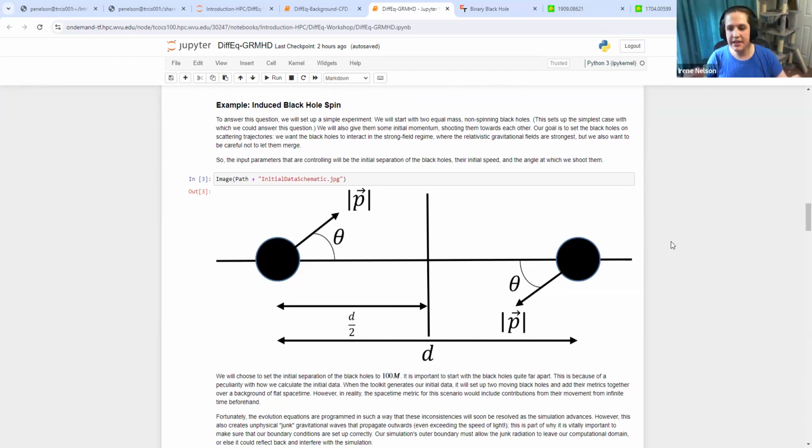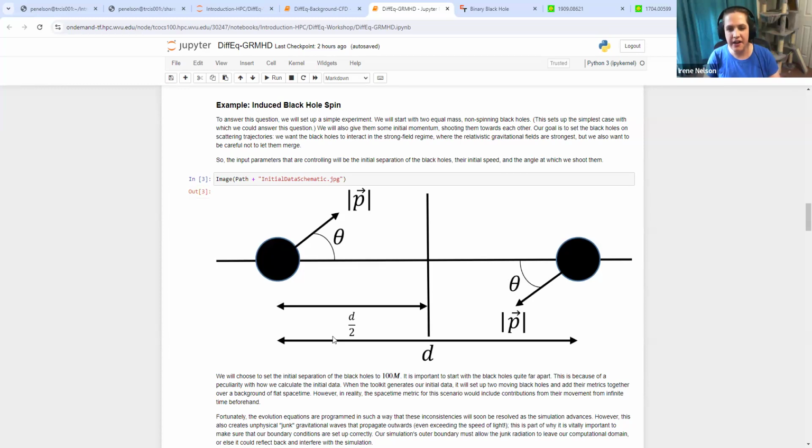And then we're going to set these black holes on scattering trajectories. We're going to impart on them some initial momentum that is angled away from the x-axis here by some angle theta that is equal for the two black holes. And we're also setting them some distance d apart.